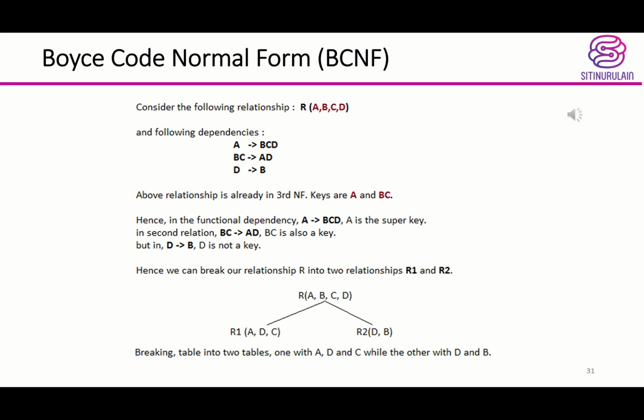In the second dependency, BC determines AD, BC is also a key. But in D determines B, D is not a key. Hence we can break our relation R into two relations, R1 and R2. Breaking the table into two tables, one with A, D and C while the other with D and B.